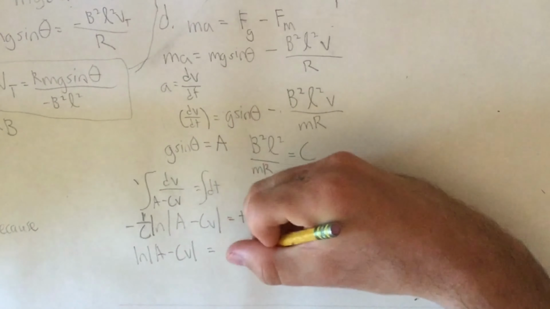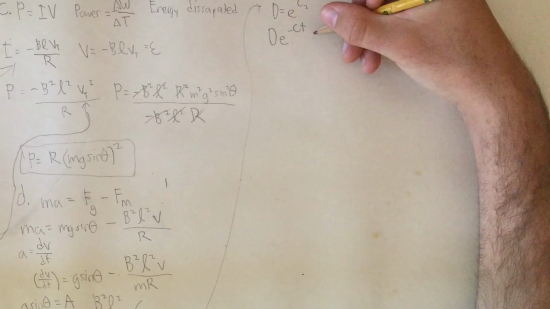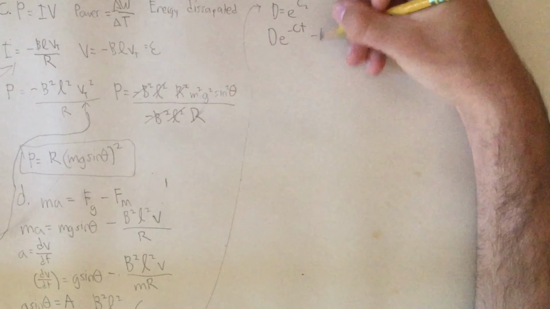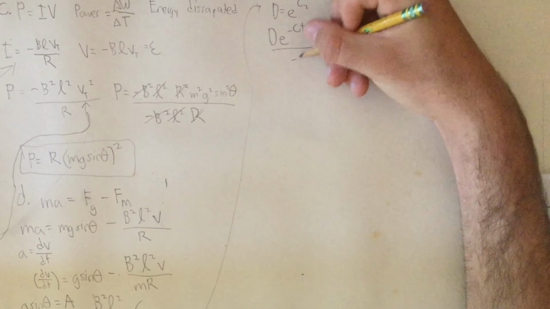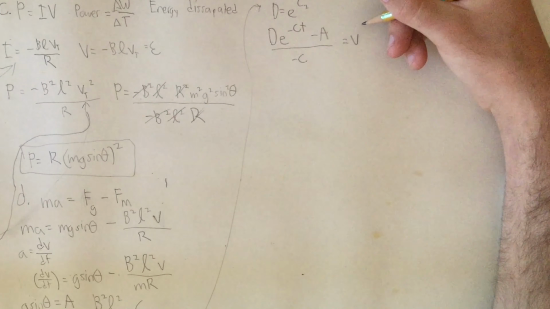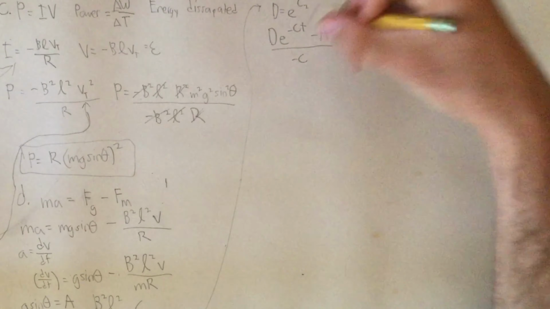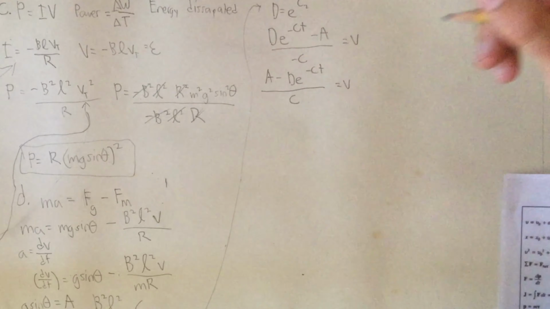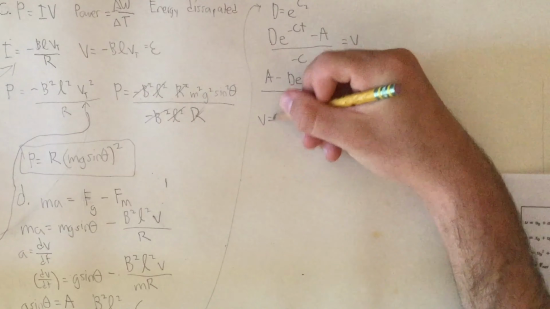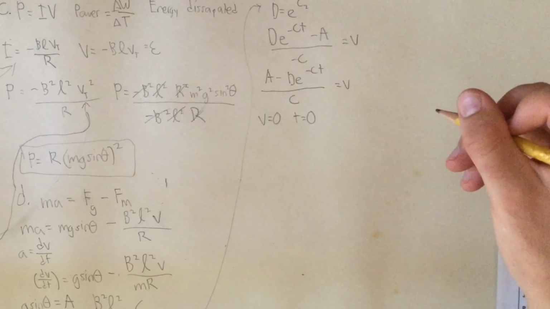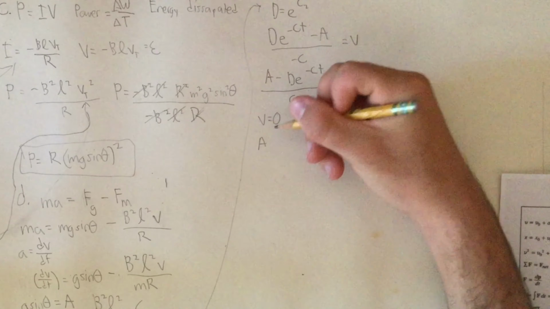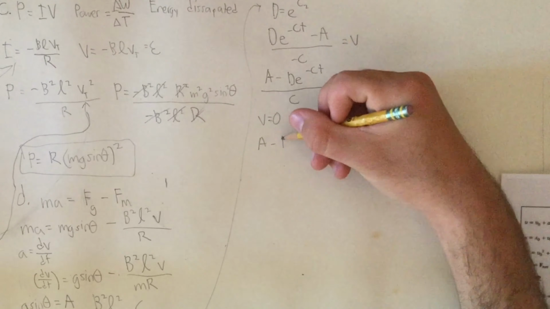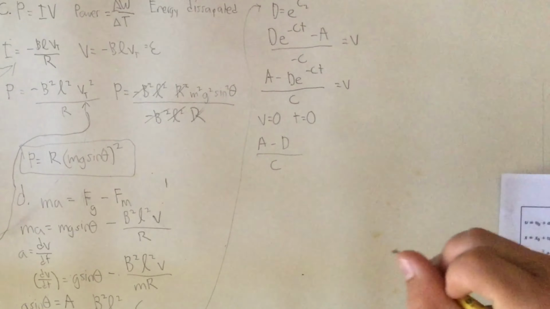It looks like he's getting rid of the plus C and just turning it into D. So now we have an unknown constant. It looks like he's going to have to solve for D. Yes, and to solve for D, he knows that at time equals 0, the velocity is equal to 0, and he's going to plug those two known quantities in to solve for D.